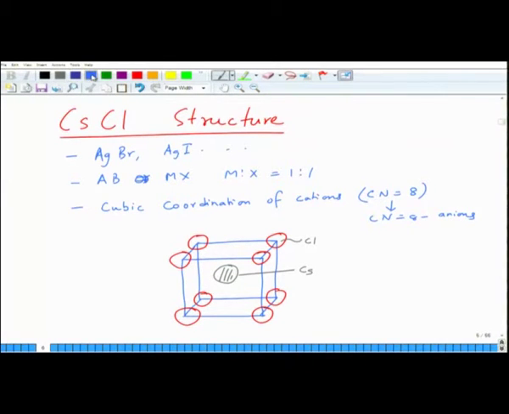So, this is a primitive cubic lattice with motif being cesium at half and chlorine at 0, or you can write it the other way around. You can write the motif as chlorine at half and cesium at 0,0,0, because you can put the unit cell wherever you want.